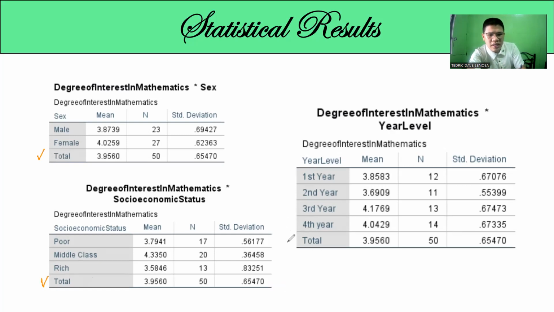As you can see, all of the totals here are the same, as you can see here, 3.9560. So that means you have analyzed the data properly because there is a consistency in your total, but it should only be put in the table once.